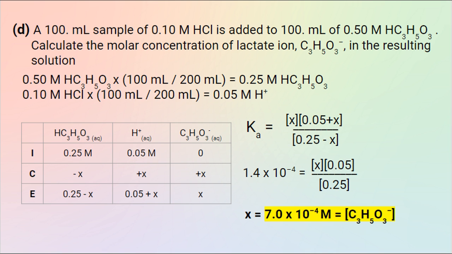For D, a 100 milliliter sample of 0.10 molarity HCl is added to 100 milliliters of 0.5 molarity HC3H5O3, and we need to calculate the molar concentration of lactate ion in the resulting solution.